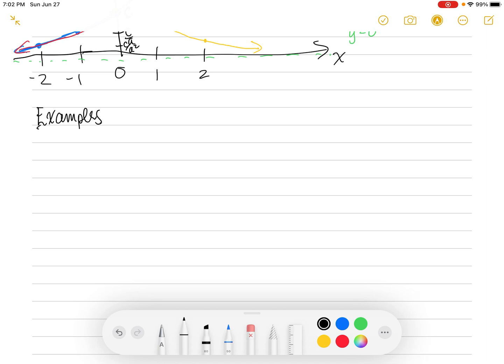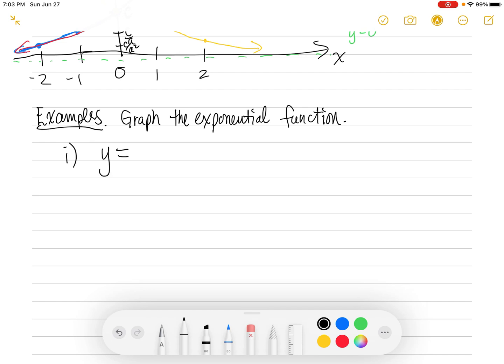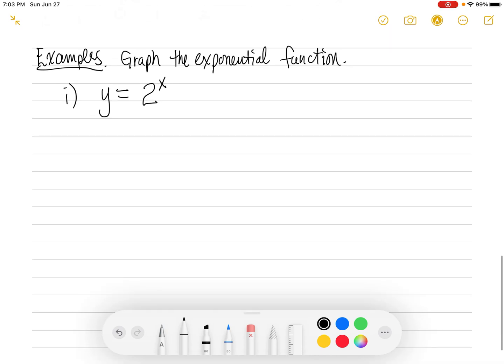Okay, let me just call them examples. Graph the exponential function. So here we have y equals 2 to the x.